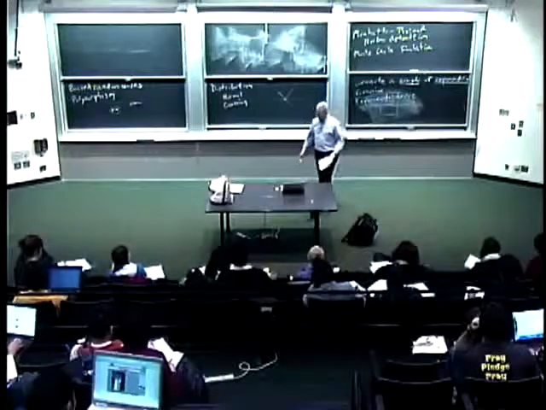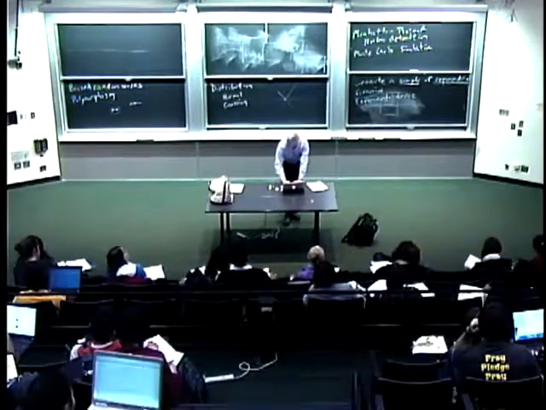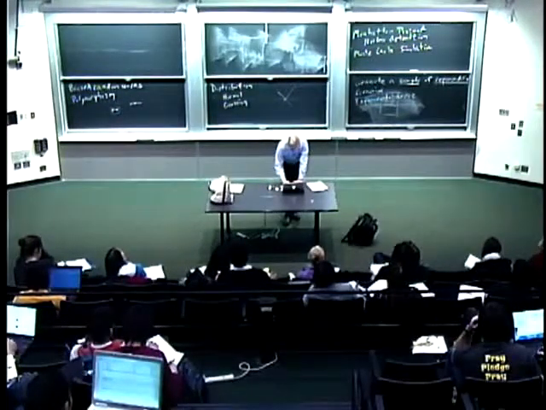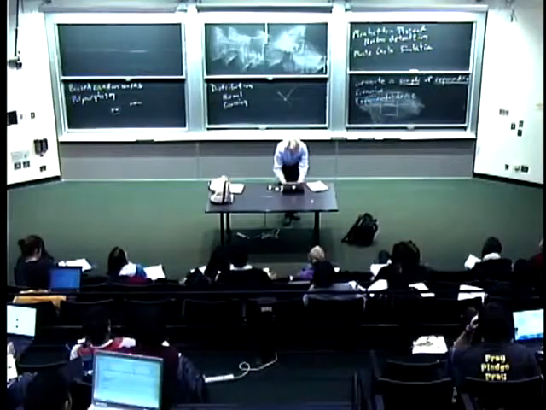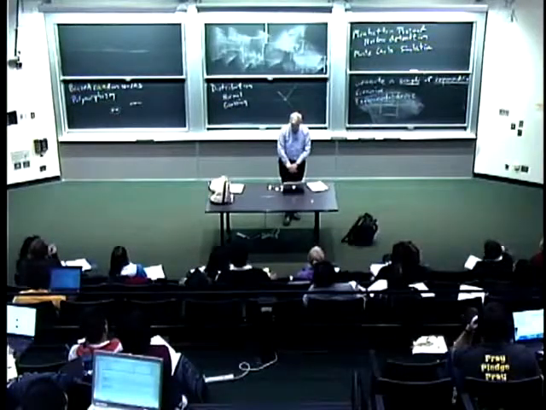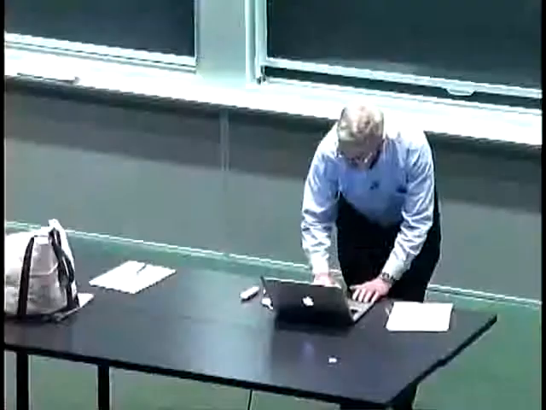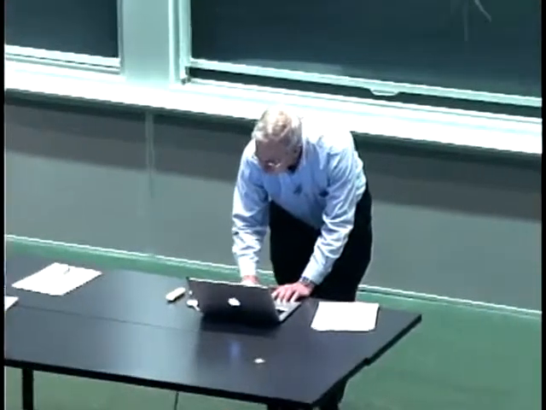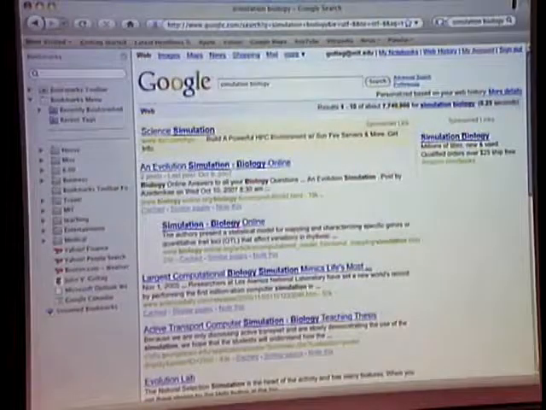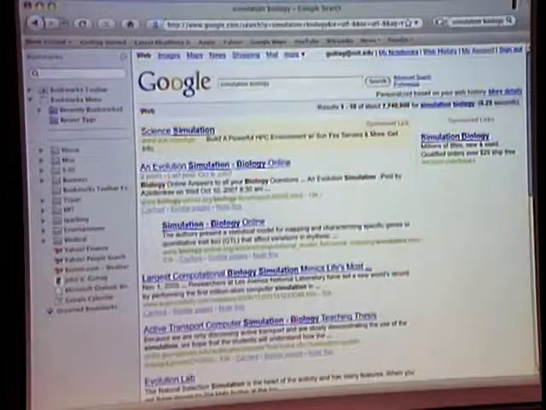These things are enormously popular. So if you were to get on Google and look at simulation, so for example, we could Google simulation finance. We see we get about 3 million hits. We can do biology. We get twice as many hits, showing the relative importance in the world of biology and finance.